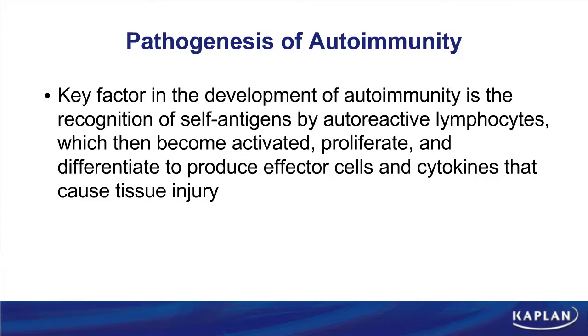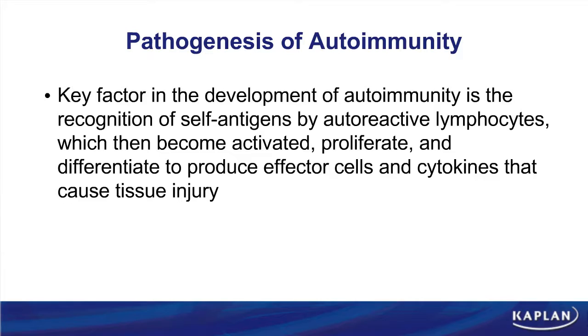Now, autoimmunity is extremely complicated. There's not one major factor that we can say is the sole cause of autoimmune disease, okay? However, the one thing we do know that's common among all autoimmune diseases is that there's an issue with the immune system not being able to differentiate self from non-self, right?